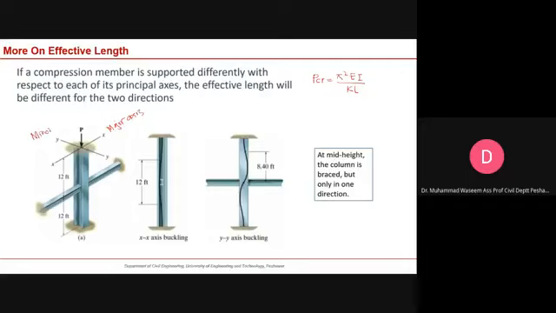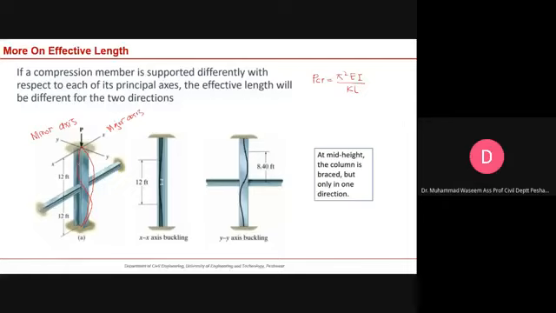When we have bending along the major axis, this member will deflect like this. But when we have bending along the minor axis, which is the y-axis in this case, the bending will be like this, because the bracing system about the y direction is different.